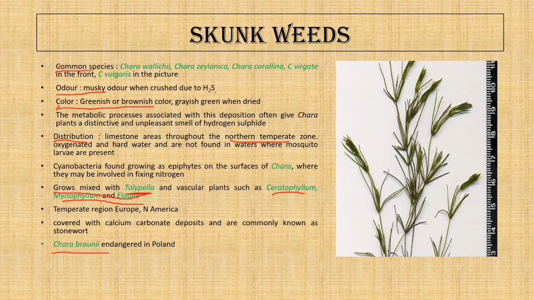Chara braunii is an endangered species, considered endangered in Poland. Most of the reason behind the endangerment of Chara is that though it can survive high temperature in the form of perennating structures, and it can survive alkaline water, it cannot survive shading and muddy water, because Chara requires very clear water for photosynthesis, and also it cannot grow in very contaminated water.